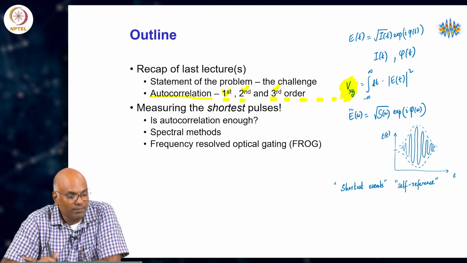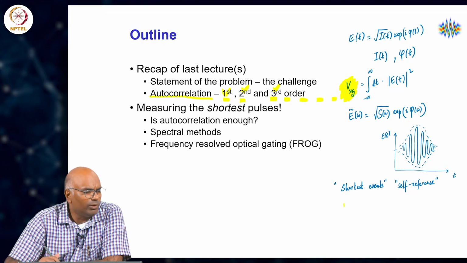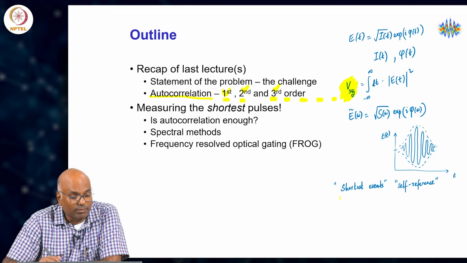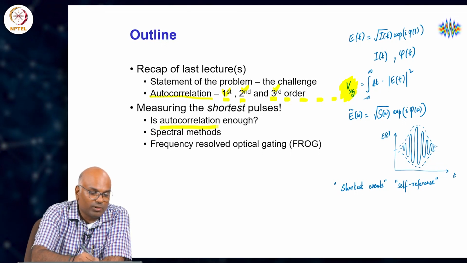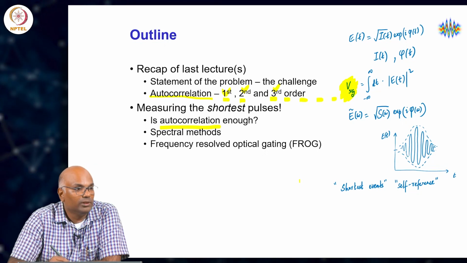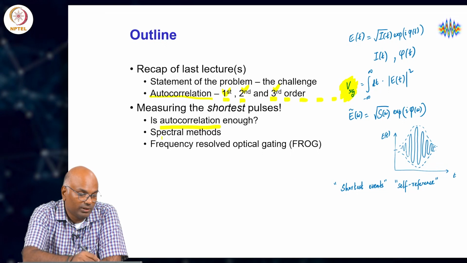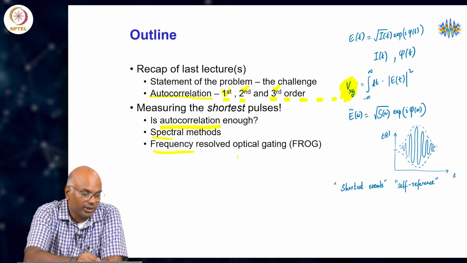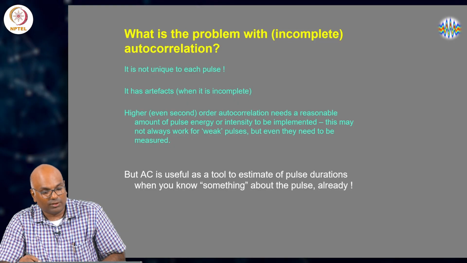But we are going to address in this lecture, as we have already done to some extent in the earlier discussions, whether autocorrelation is enough. If it is enough, great. If it is not, then what about going forward? Spectral methods, and in particular frequency resolved optical gating and the like.